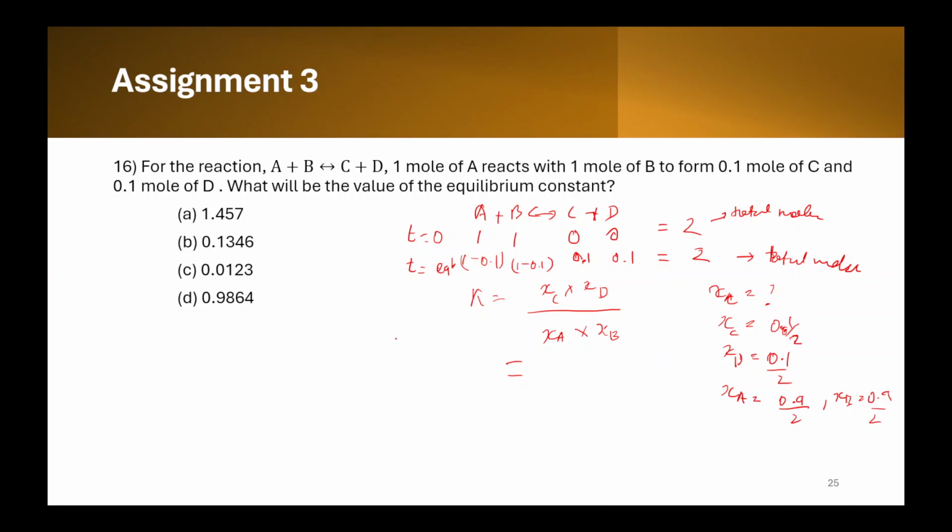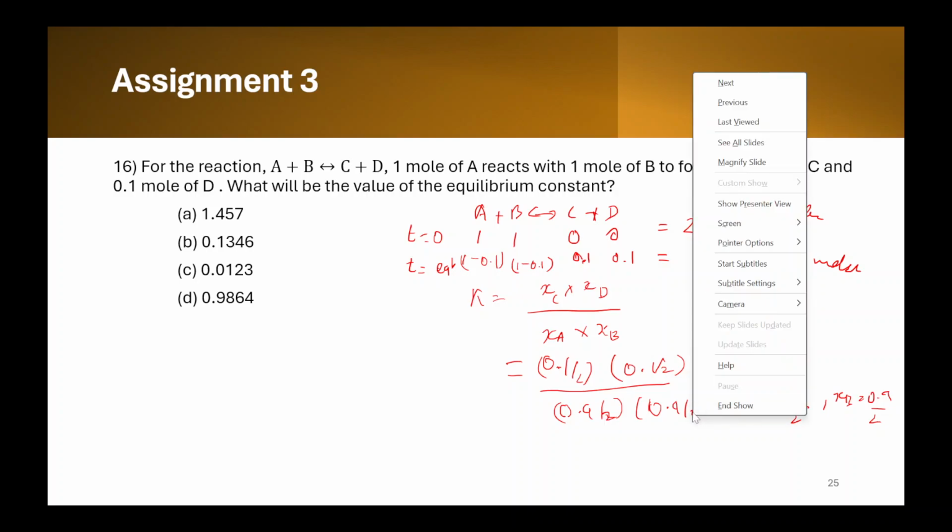So x of C will be 0.1 by 2 raised to power 1. Sorry, no stoichiometric coefficient there as such. And then x of D will be 0.1 by 2, x of A will be 0.9 by 2, and x of B again 0.9 by 2.